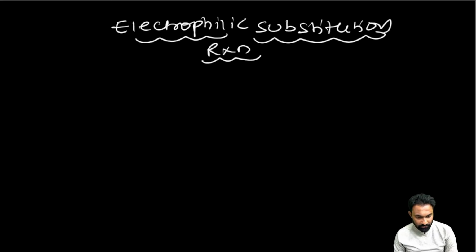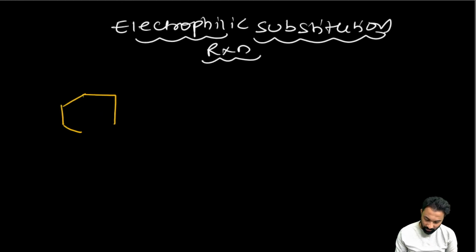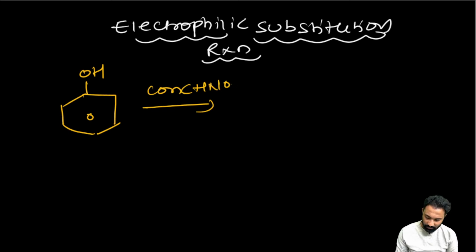Now, how will the electrophilic substitution reactions happen? The first concept we are going to see: suppose phenol is given, upon concentrated HNO3 or dilute HNO3.